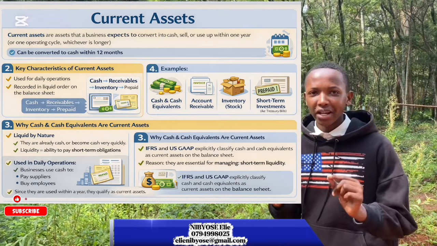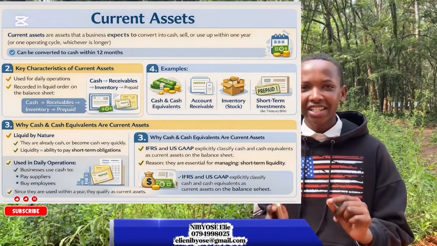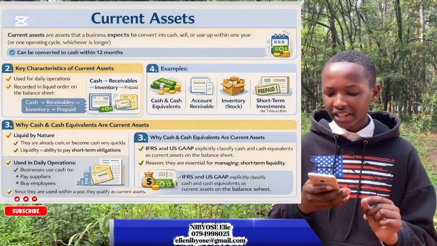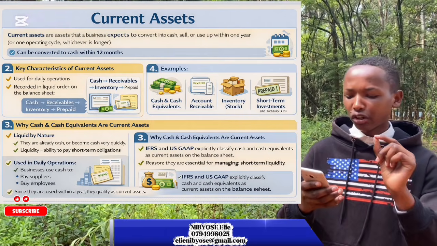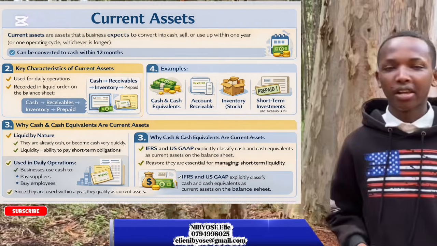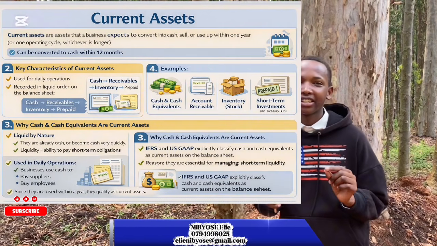Short-term investments like treasury bills are also current assets. They are current assets because they can be easily converted into cash within a short period, usually less than 1 year. Prepaid expenses are also current assets.